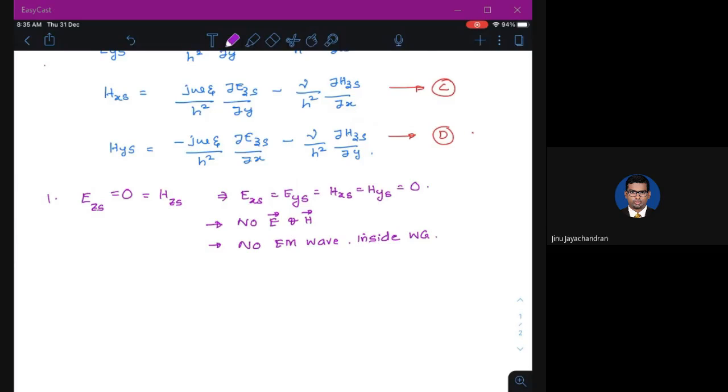Okay, that means if this is the case, it has a special name called transverse electromagnetic wave, or TEM. Now here you should note that there is no electric and magnetic field along the direction of propagation.